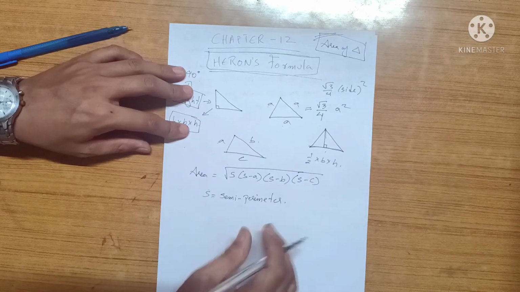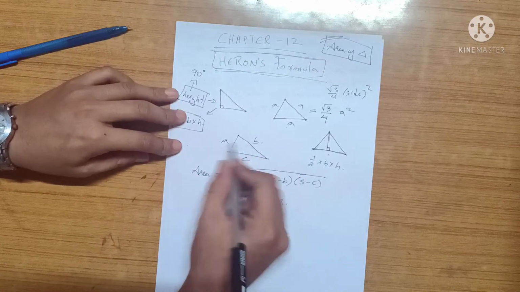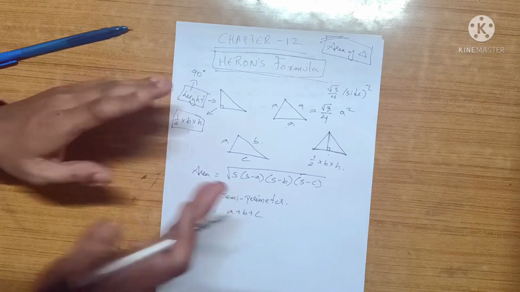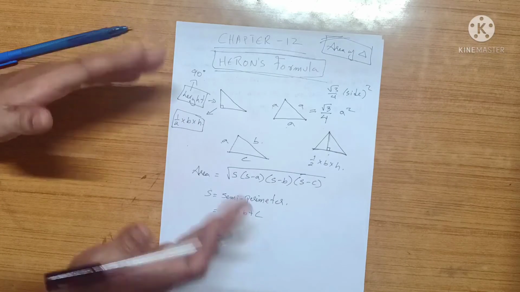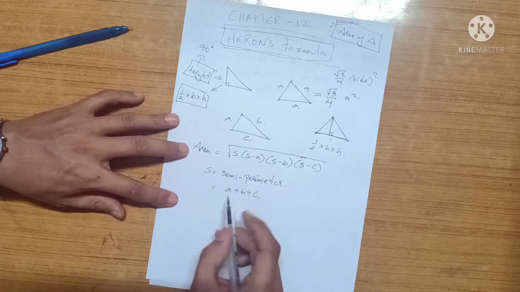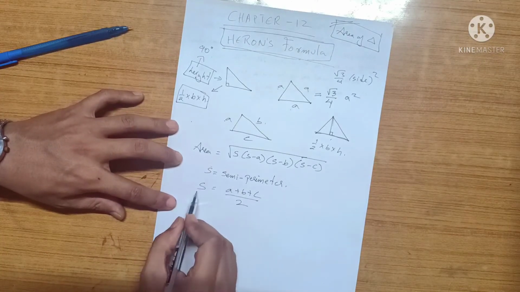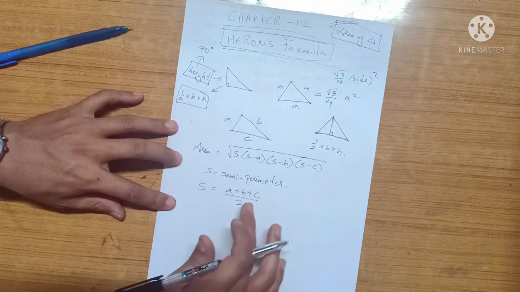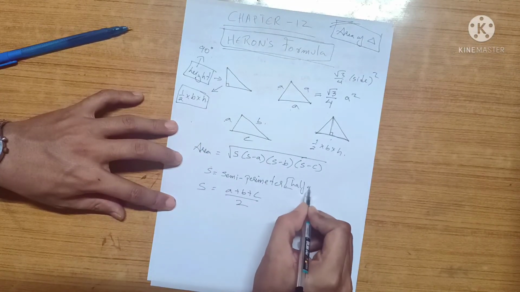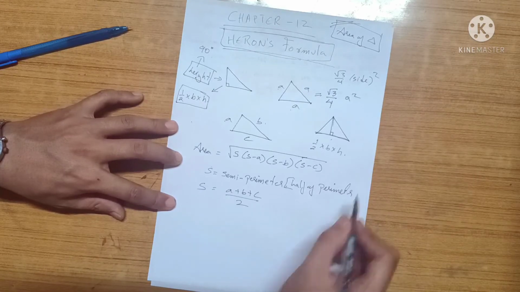When I say perimeter, what do you understand by perimeter? Perimeter means the sum of all the sides, which means A plus B plus C. When I say semi, it means half, like semi-finals. So S is equal to half of the perimeter, that is, A plus B plus C by 2.